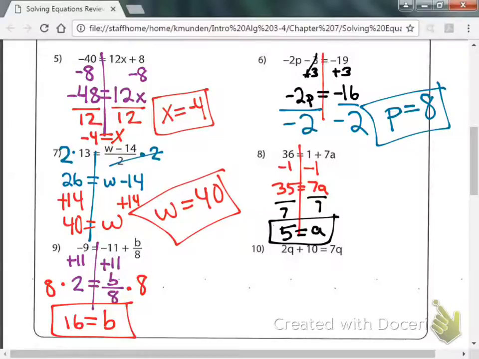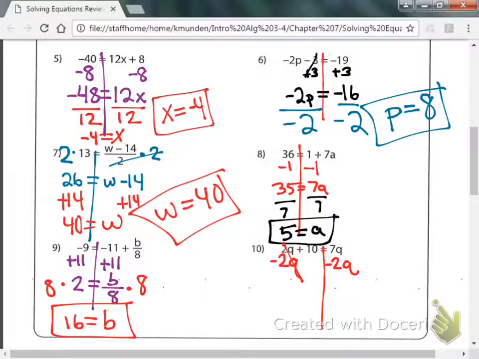And last on the front page, this one's a little different because what do we have on both sides? Variables. The variables are on both sides. When the variables are on both sides, we typically pick on the little guy. So I want to move this entire 2q. So I'm going to subtract 2q from both sides. Remember, you can only subtract q's from q's.